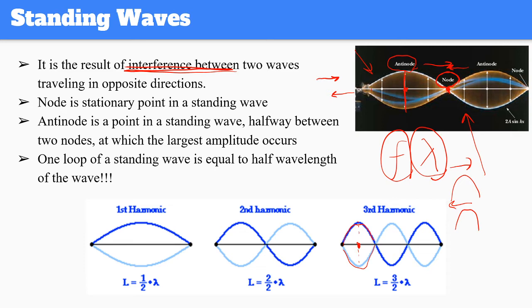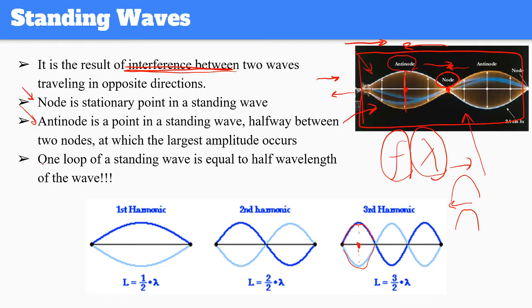This is the result of continuous interference on this string, and as a result we get this shape, known as a standing wave. A node is the stationary point, an antinode is where you have maximum amplitude, and it is halfway between two nodes.